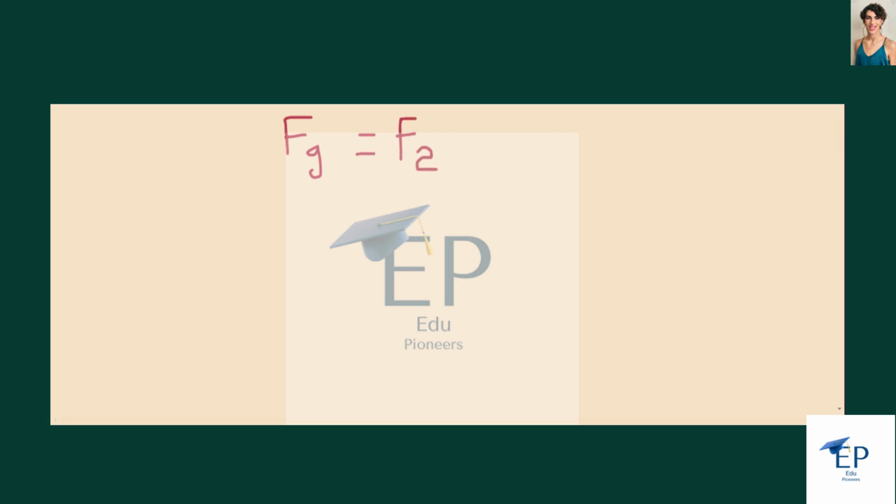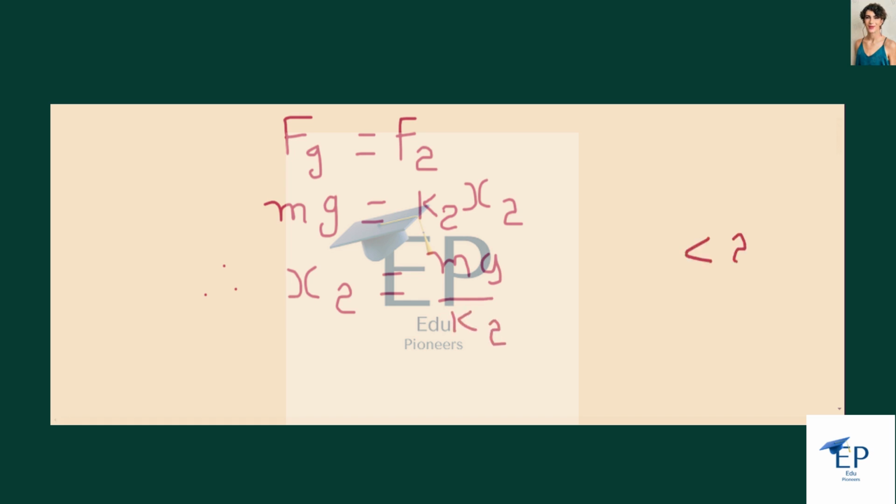Again we know Fg is equal to mg, and F2 is equal to k2 x2. Therefore the extended length in the spring 2, x2, is equal to mg upon k2. Let's say this is equation number 2.